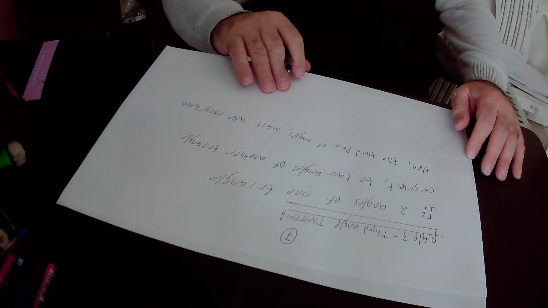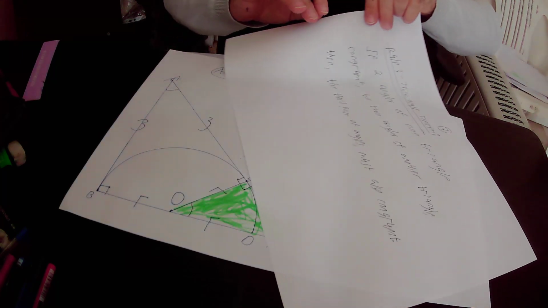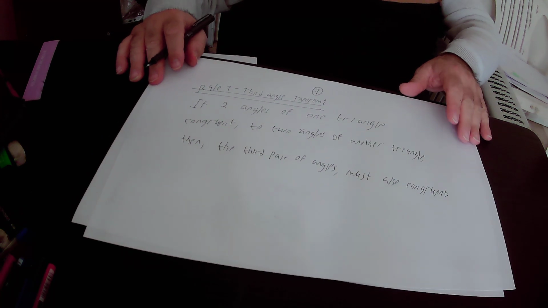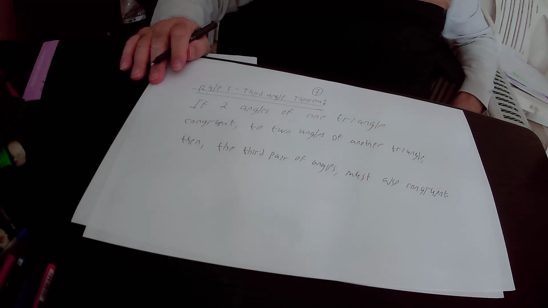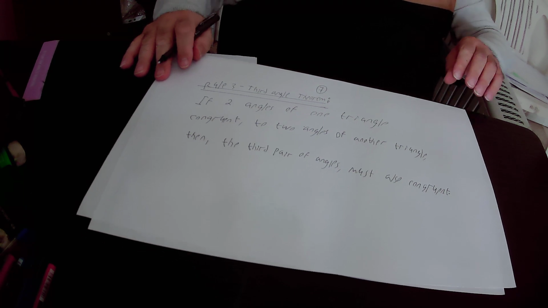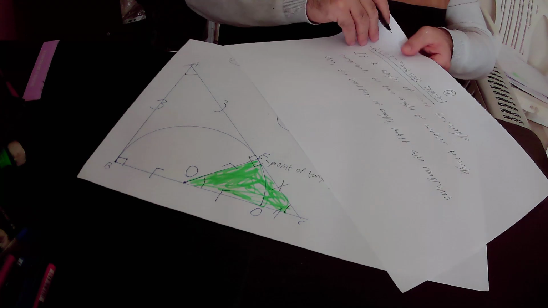I'll repeat the third angle theorem again. According to the third angle theorem, if two angles of one triangle are congruent to two angles of another triangle, then the third pair of angles must also be congruent. So what is the meaning of the third angle theorem?